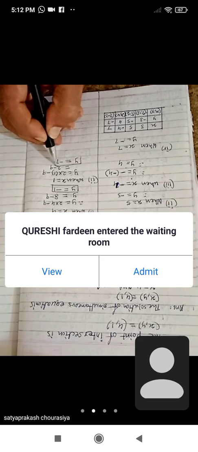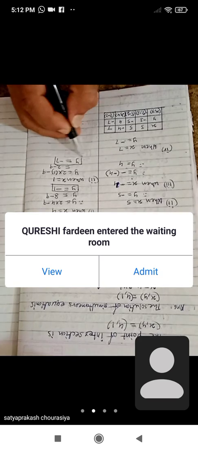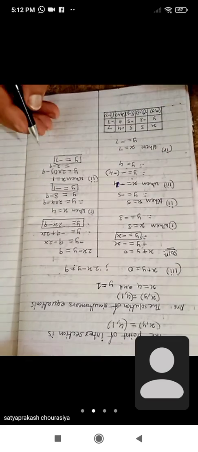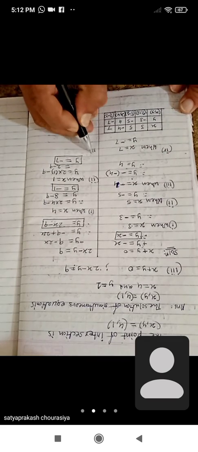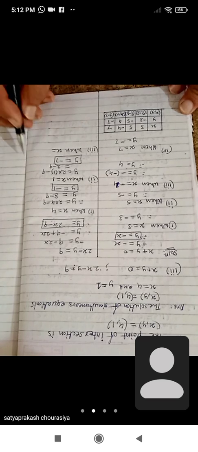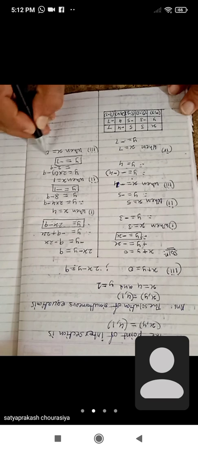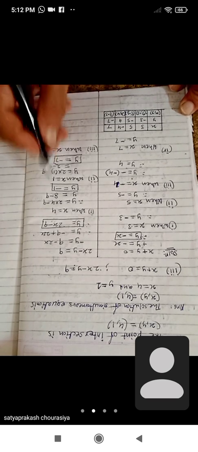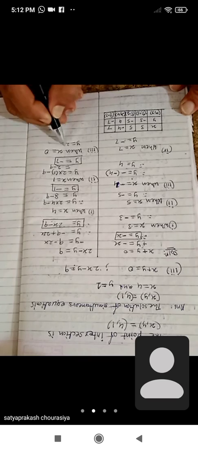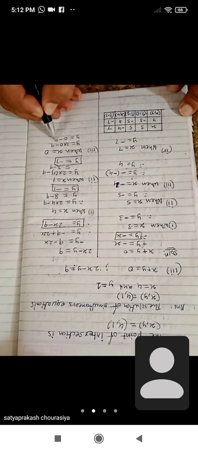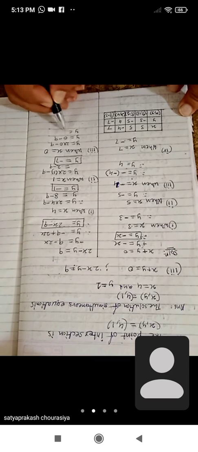So when the x value is 1, then the y value is equal to minus 7. Now next, third value, when x is equal to 0, then y is equal to 2 into 0 minus 9. So 0 minus 9 is equal to minus 9.